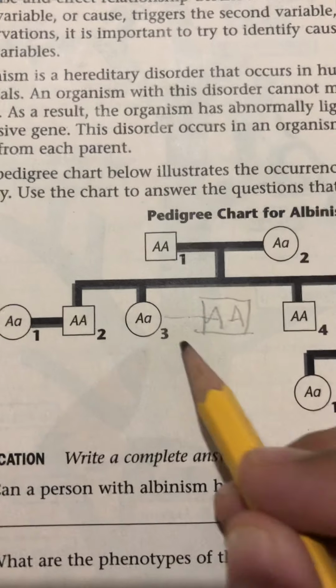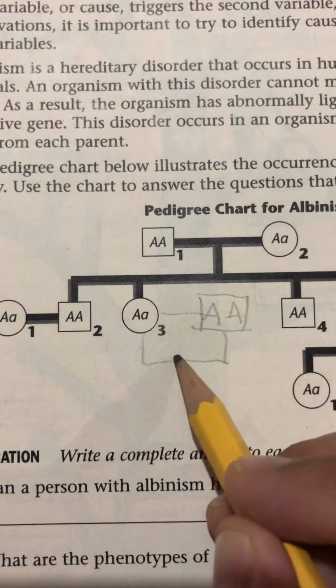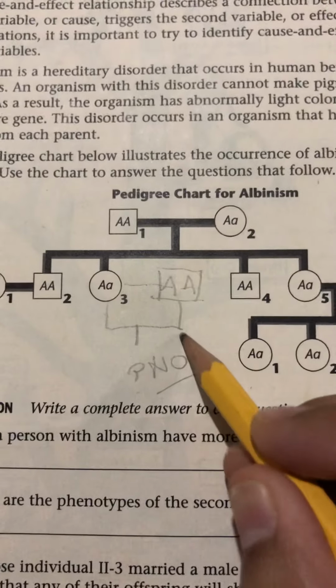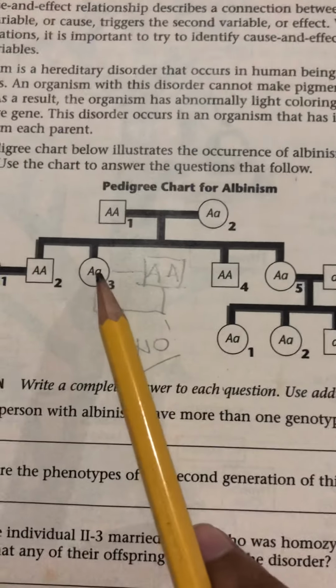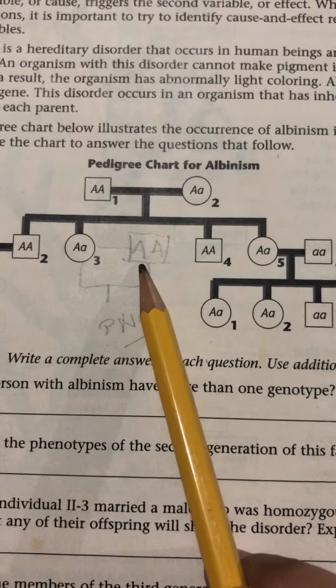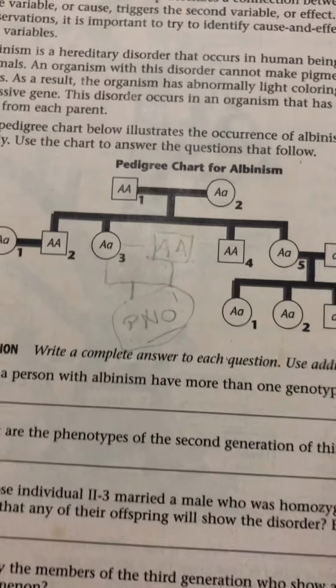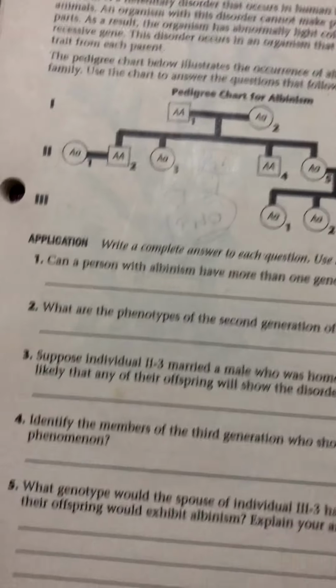Are their offspring going to show the disorder? No, a big no. Why? Because she is going to reproduce with a person that has normal genes. That means their offspring are going to have normal genes too.